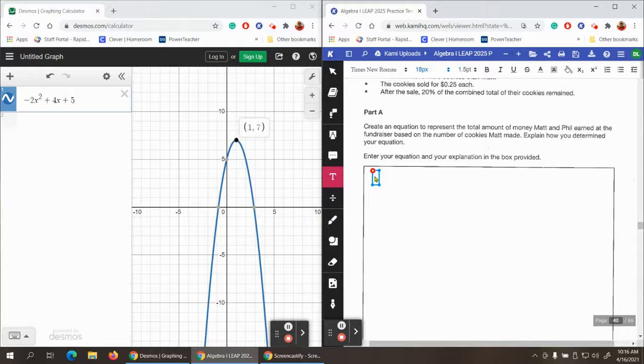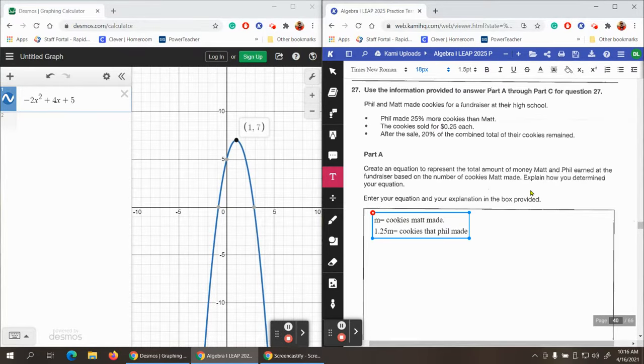All right, so we're going to define our variable. We're going to say that m equals the cookies Matt made. If that's the case, then we would have 1.25m, that is the cookies that Phil made.